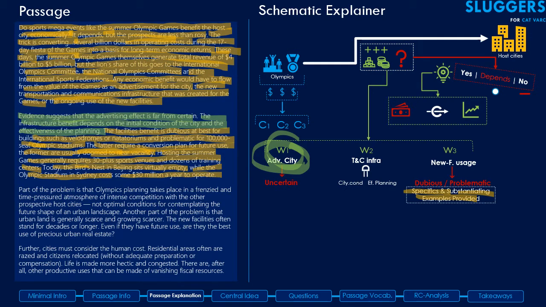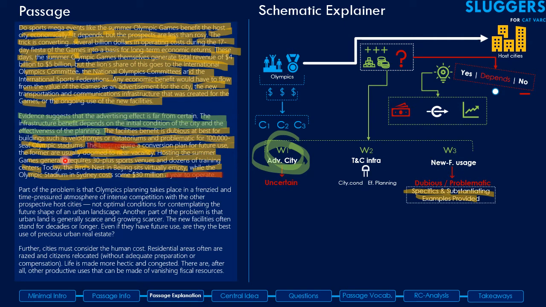So essentially, guys, starting from this point onwards until the last line of this paragraph, the author has simply provided specifics and substantiating examples of the new facilities usage being either dubious or problematic, right?